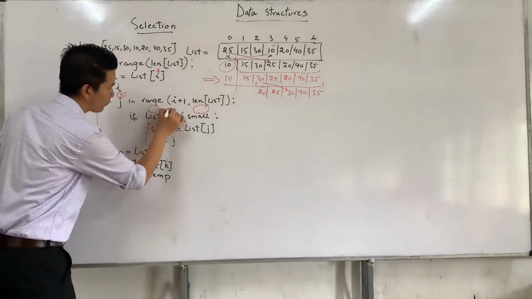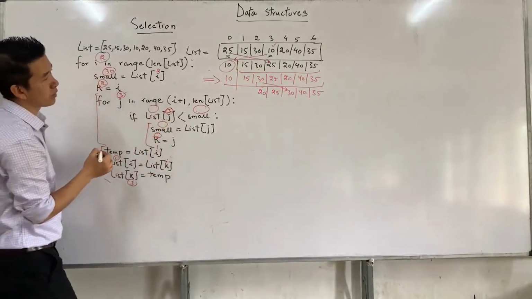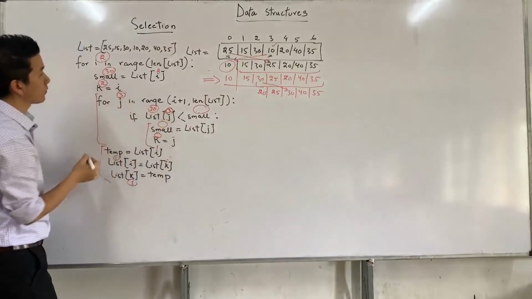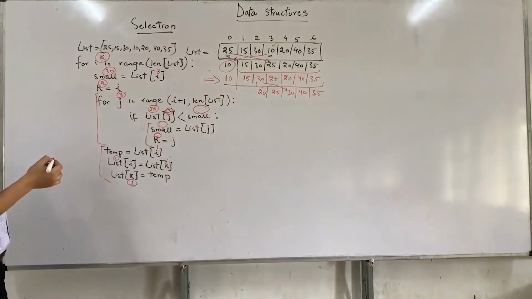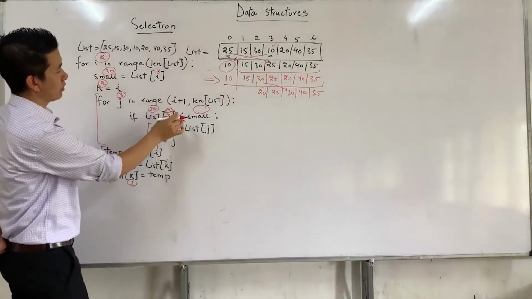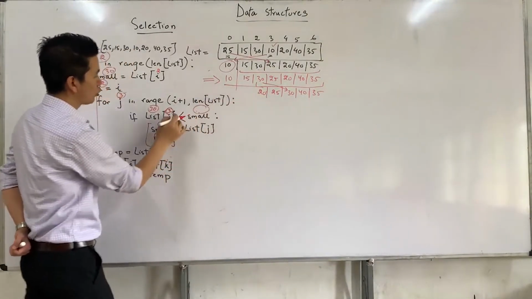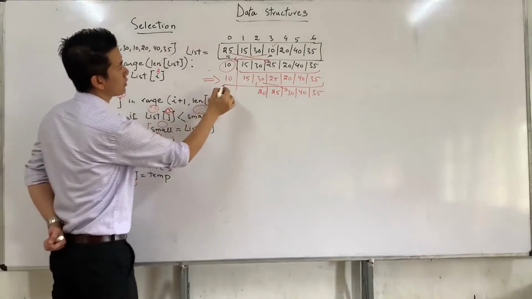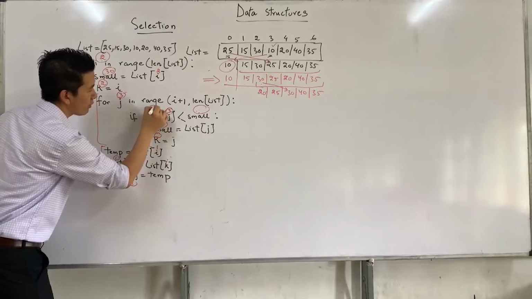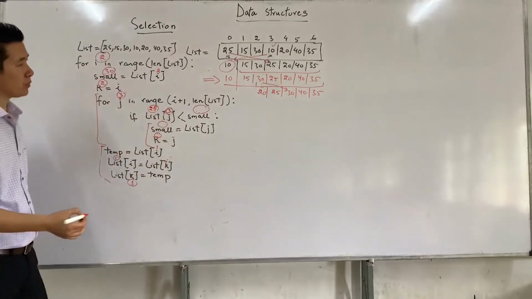List of 3 means you're referring to 30. Oh, sorry, I made a mistake here. List of 3, right, 0, 1, 2, 3. So list of 3 means you're pointing to 25.